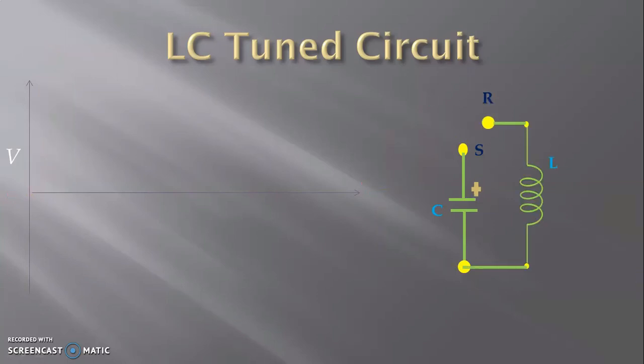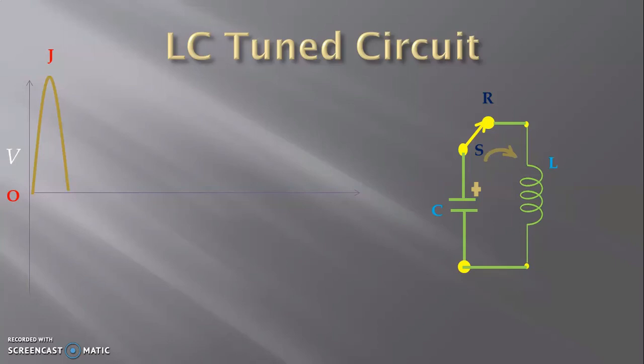So as we discussed, when the capacitor is fully charged, it is disconnected from the power source and the switch is now connected to R. Now the capacitor and inductor are connected in parallel, and as soon as the connection is made, current starts flowing from the capacitor to the inductor.